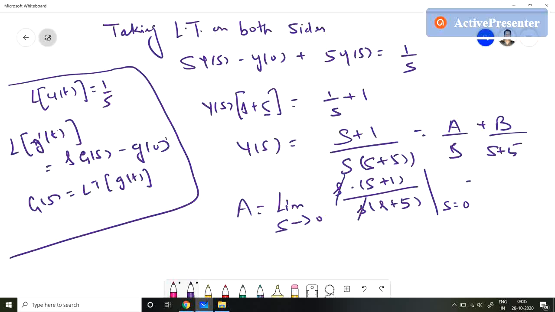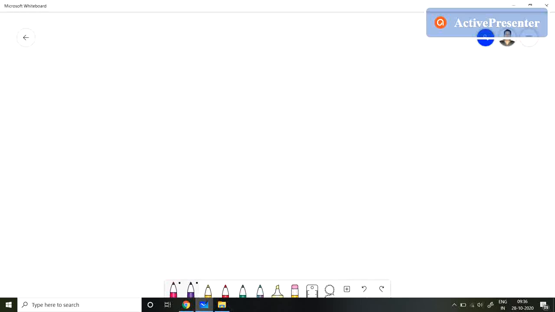So what will we get? We will get 0.20. Please check. And similarly, the value of B we will get is minus 0.80. Please check these two values. Now Y(s) is written as 0.20/s minus 0.80/(s plus 5).